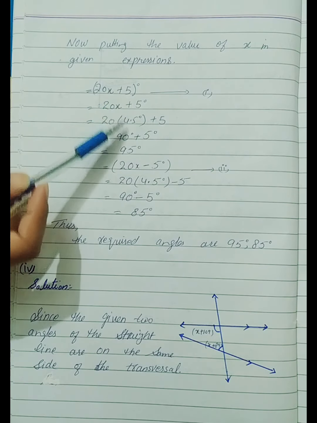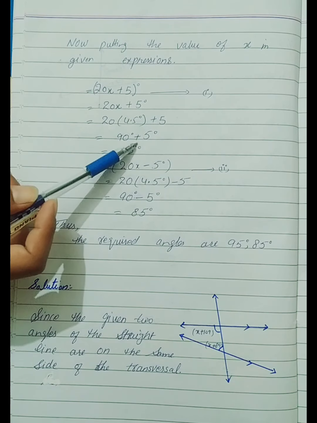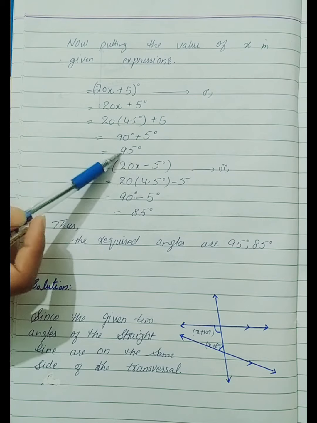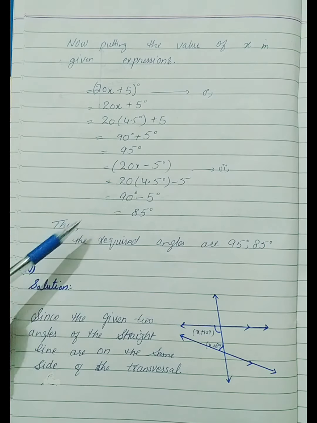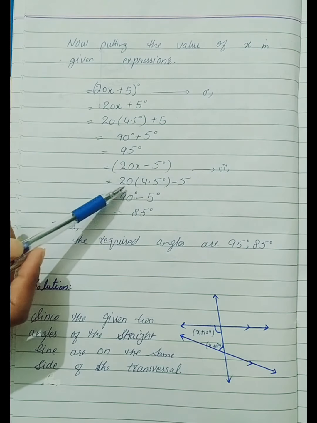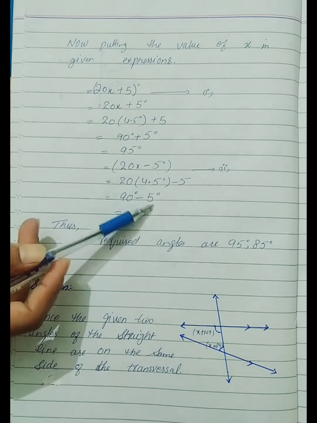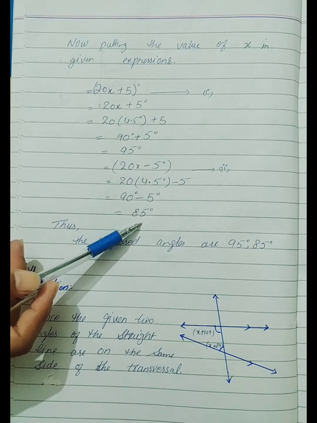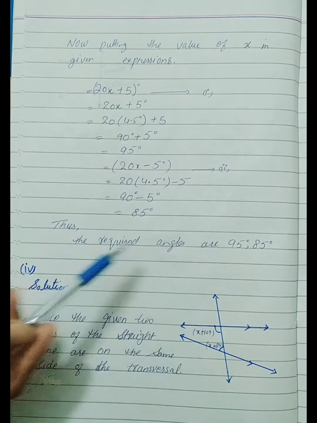In the place of x we put 4.5, multiply with 20 we get 90 plus 5, and the angle is 95 degree. Next we have 20x minus 5. In the place of x we put 4.5, multiply with 20 we get 90 minus 5, and the angle is 85. So the required angles are 95 degree and 85 degree.